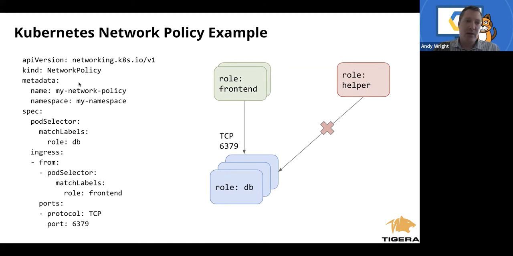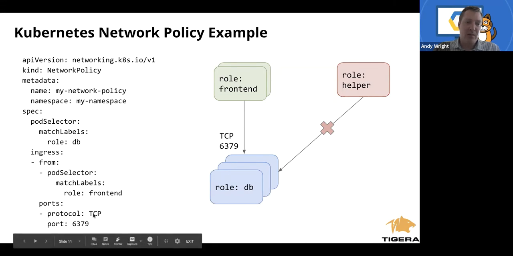Now, what the policy does here is we have what's called a pod selector. And what we did is we matched on the label where role equals DB. So that attaches the policy to this blue role equals DB. And then we have an ingress rule. The ingress rule is saying any traffic coming in from the pod selector front end, we're going to allow, and it's going to be TCP port 6379.